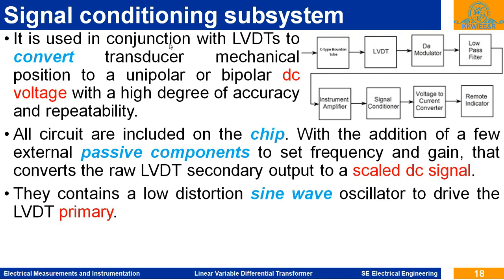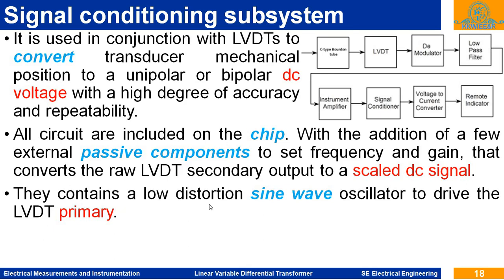It is used in conjunction with the LVDT to convert the transducer's mechanical position to a unipolar or bipolar DC voltage with a high degree of accuracy and repeatability. All circuits are included on the chip, with the addition of a few external passive components to set frequency and gain, that converts the raw LVDT secondary output to a scaled DC signal.